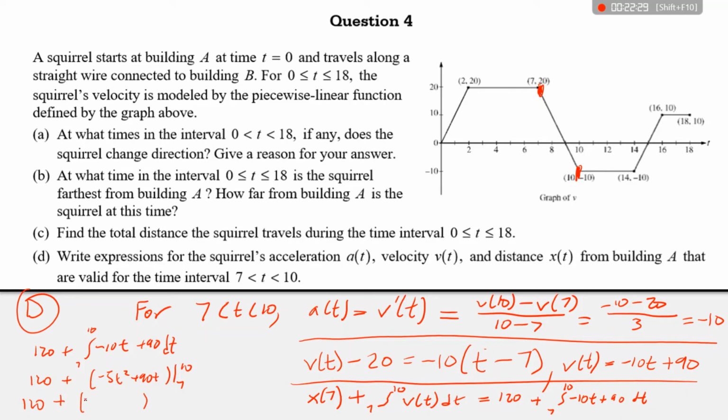Minus 500 plus 900 minus 49 times 5. Okay, 245. Okay, I've actually made a mistake here. I think maybe we both have. My upper bound is not 10. What should my upper bound be? Just any time? Anytime. There we go.